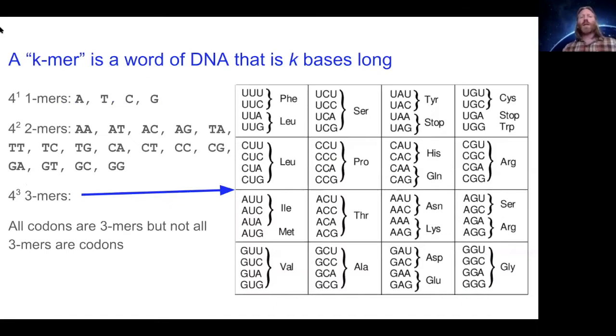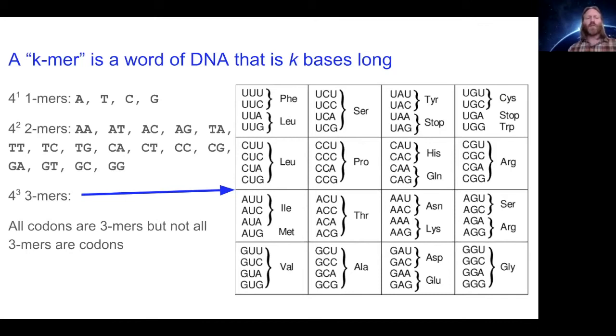So a Kmer is a word of DNA that is K bases long. That's a pretty straightforward definition. It's a very simple device once you get your mind around it. We can think about Kmers as different lengths and having different uses. So for nucleotides, we know that there's 4 distinct bases, A, T, C, and G. And so we can call those 1-mers, and there are 4 of them, or 4 to the 1-mers.